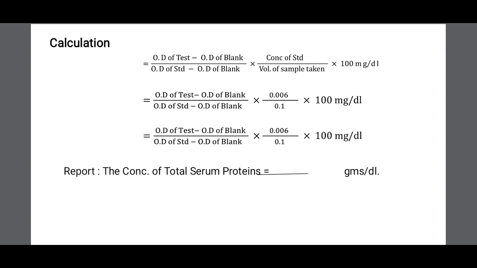The calculation is OD of test minus OD of blank, divided by OD of standard minus OD of blank, multiplied by the concentration of standard by volume of sample taken, into 100, in mg per dl. The result will be represented in grams per dl.